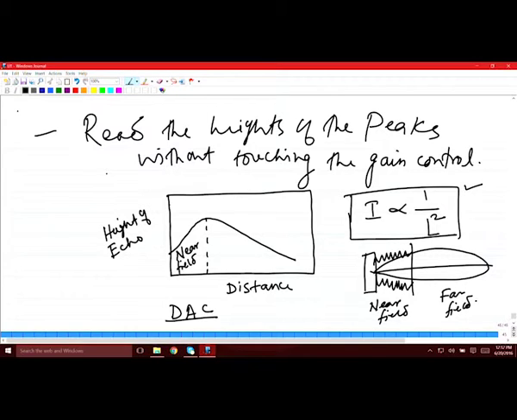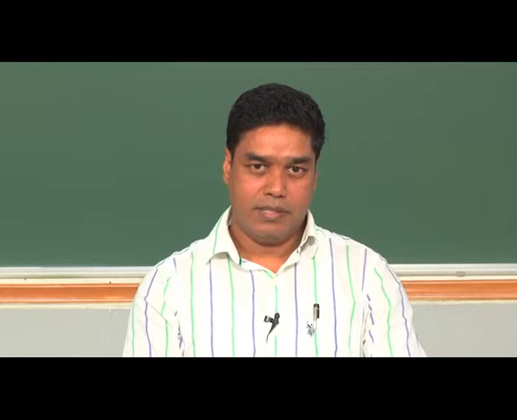And that means the other region that you have, that is the far field, wherein it will follow this particular relationship, because in the far field there is no question of any fluctuation. So, when you are in the far field, the signal intensity of the echoes will decrease as the distance is increased.